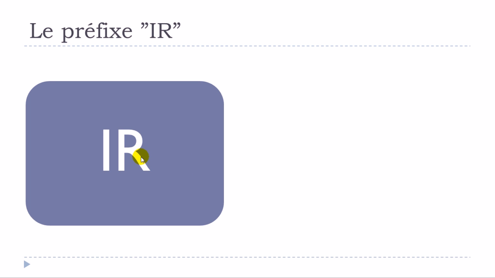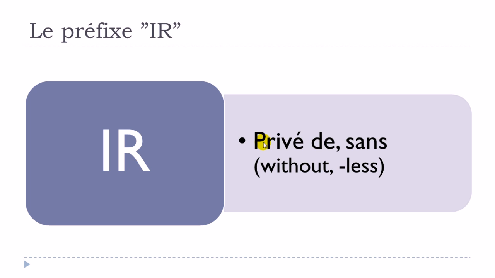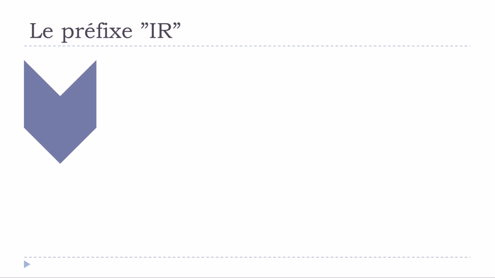In that case, when you put this IR, you will see that we're talking about words that start with R. But then you will modify the meaning, and the meaning will be privé de or sans. So let's check 3 examples.